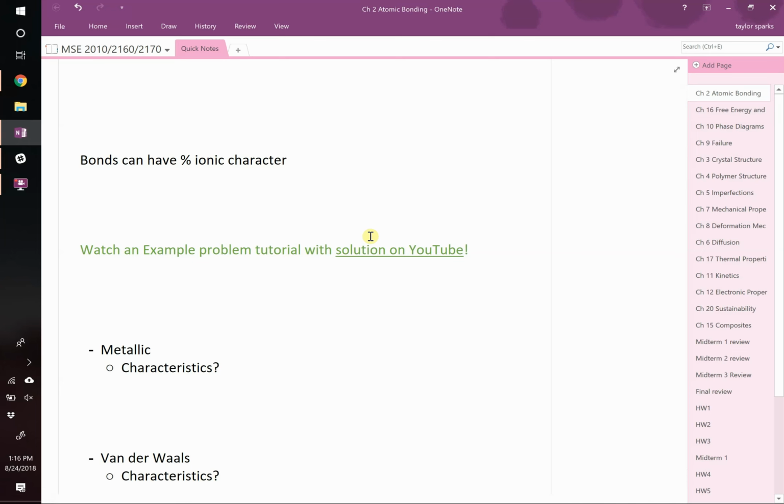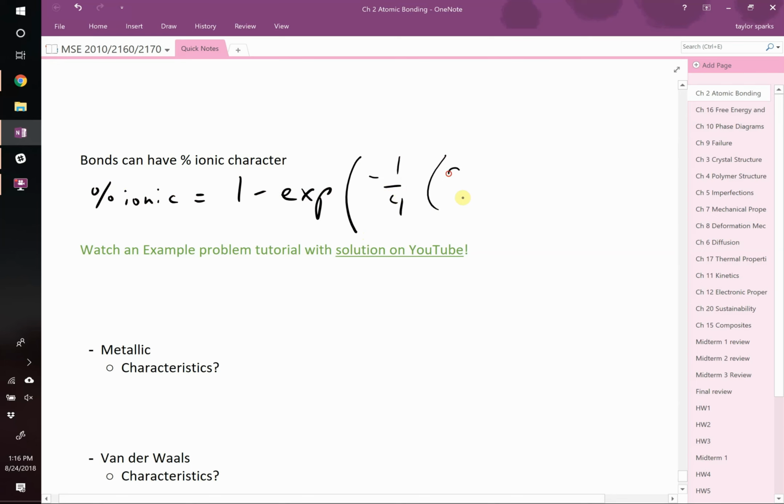And we can write this expression as follows. The percent ionic character is equal to 1 minus the exponential, so this is e, the natural number, raised to negative 1/4 multiplied by the difference in the electronegativity of your two atoms, chi A and chi B, and you're going to square that. Then you multiply this by 100%. So chi is the electronegativity.